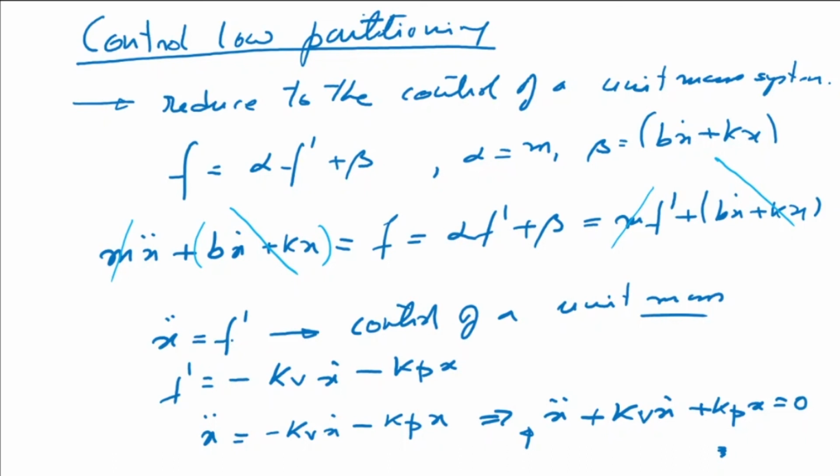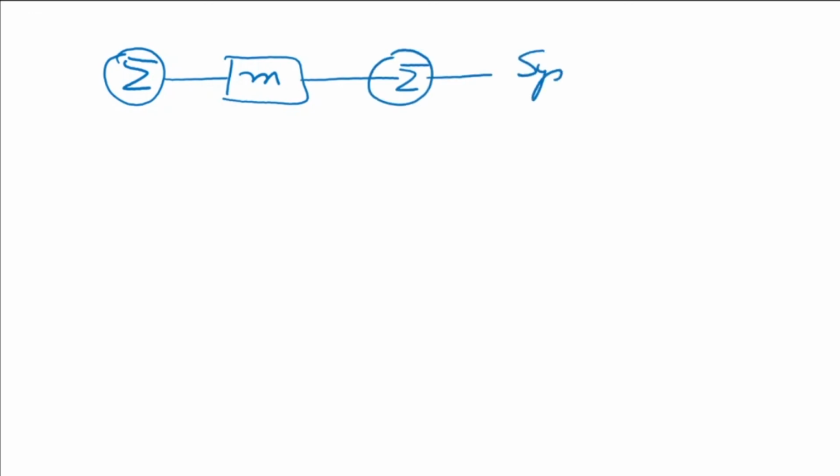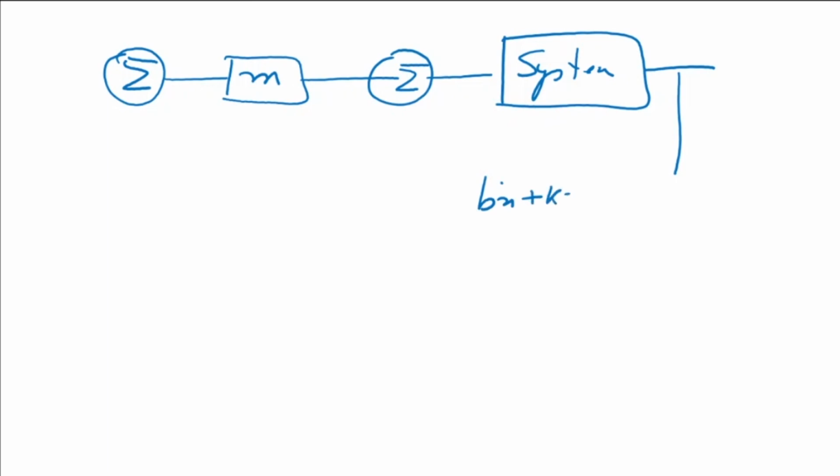Now let us look at what this control system diagram will look like. It will look something like this. We have the comparator block, then we have the mass, another summing block, then the system, and now you will appreciate why we did it like this.